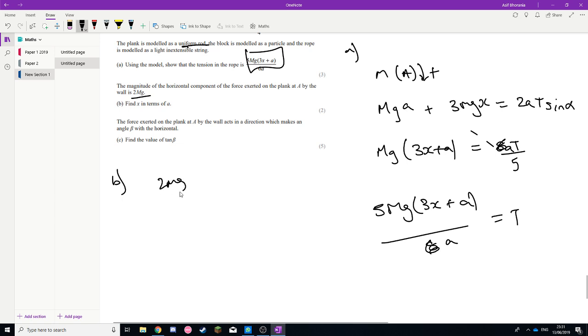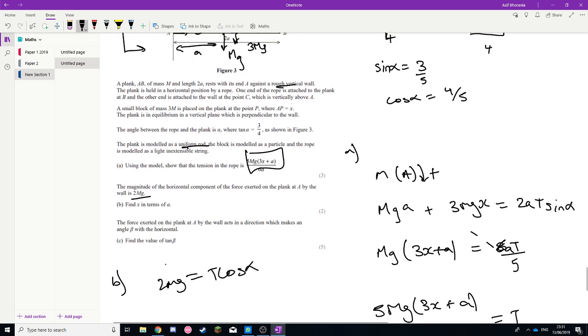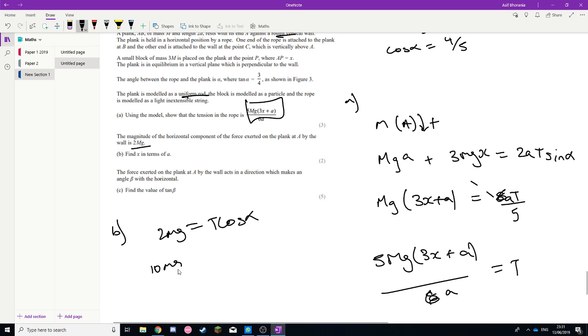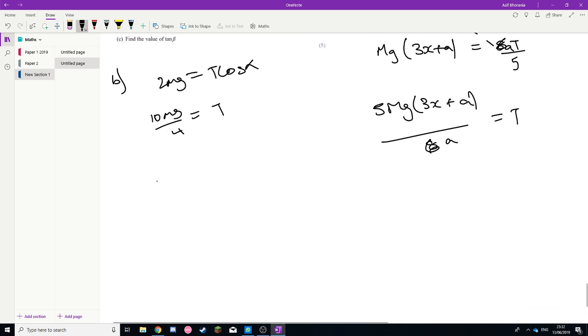So 2mg is equal to T cos alpha. So therefore 10mg over 4 is equal to T, which is equal to that. So now I can say 10mg over 4 is equal to 5mg(3x plus a) over 6a.